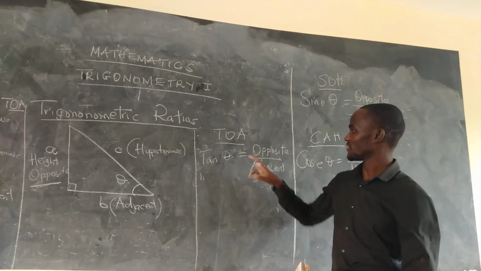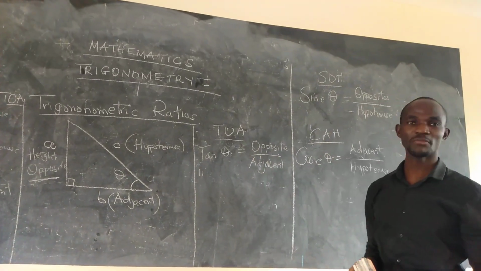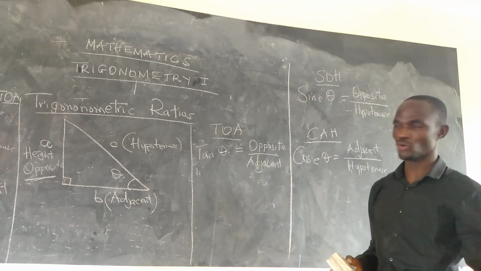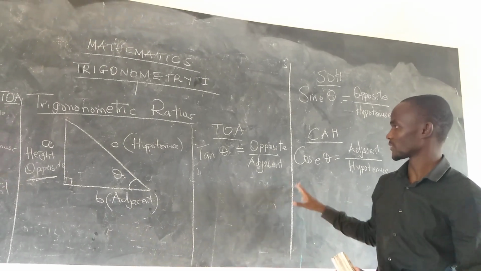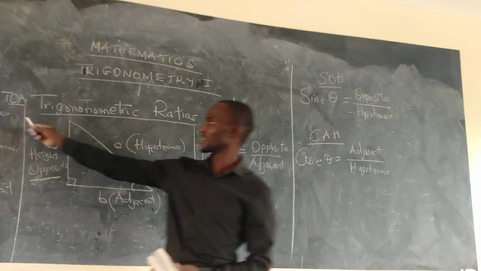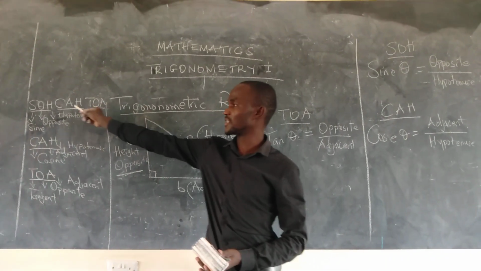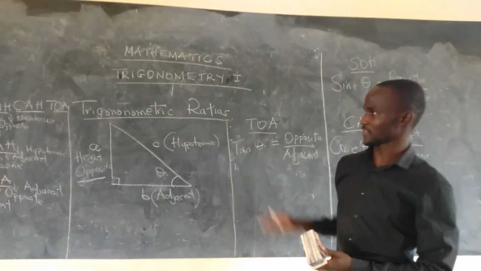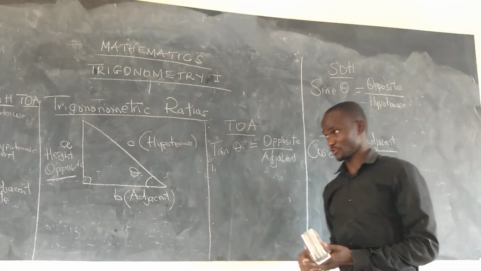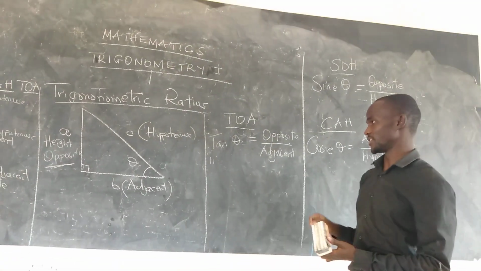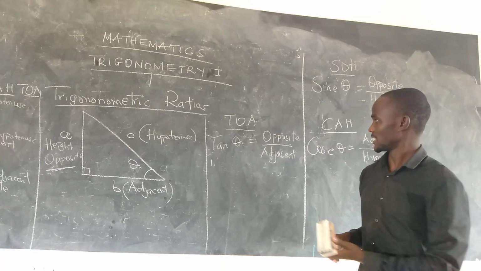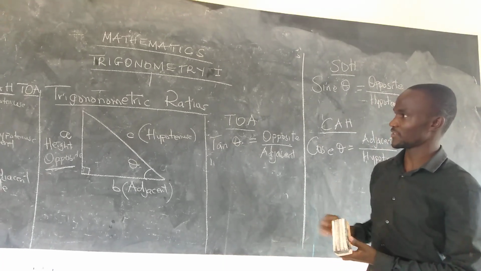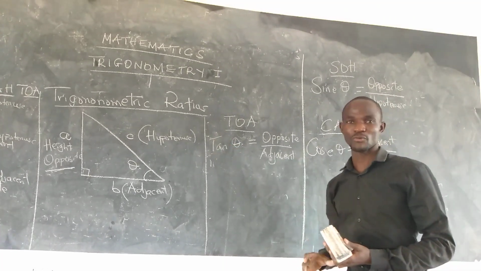So basically, these are the three trigonometric ratios that you ought to always remember, and always remember this mnemonic of SOHCAHTOA. You will always find it easy to remember these three trigonometric ratios that we will be dealing with in Form 2.